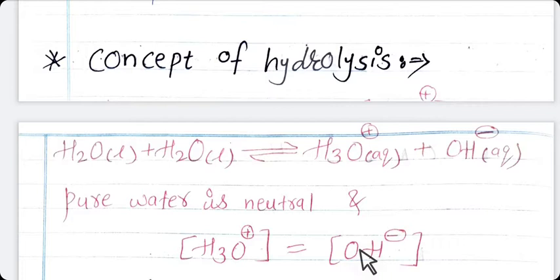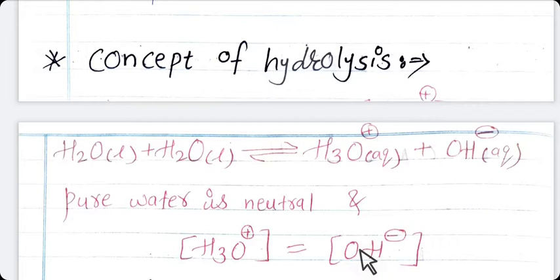But when one or more of the salt ions react with water, there is no equality of concentration of hydronium ion and hydroxyl ion, and the solution does not remain neutral, and it may become acidic or basic. It depends upon the type of salt.